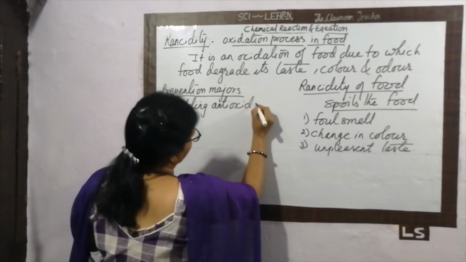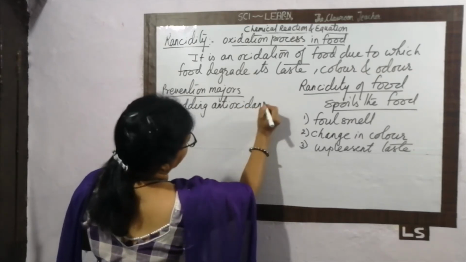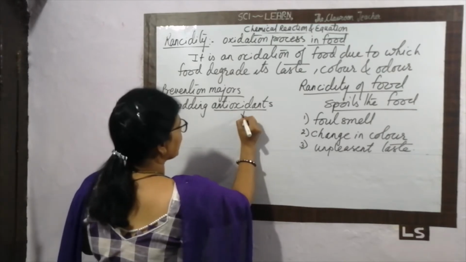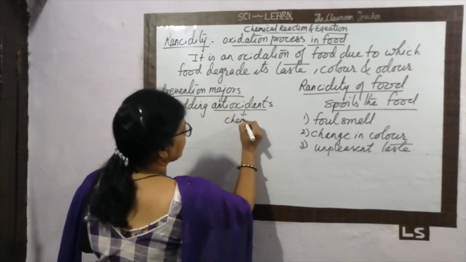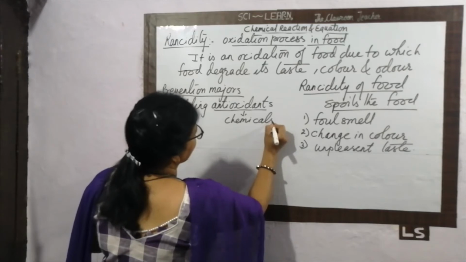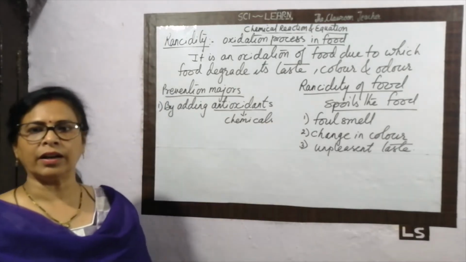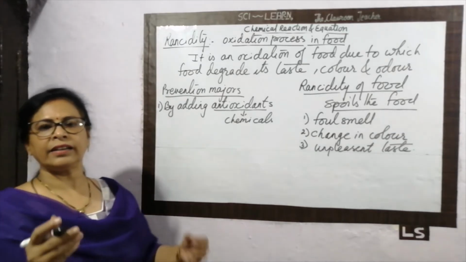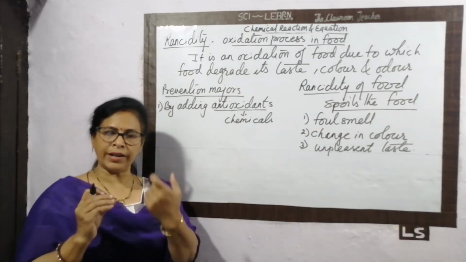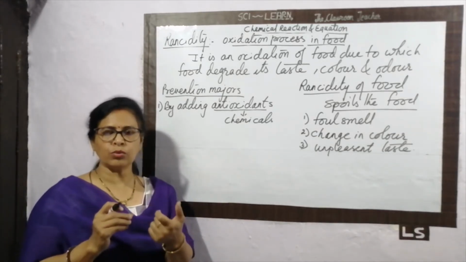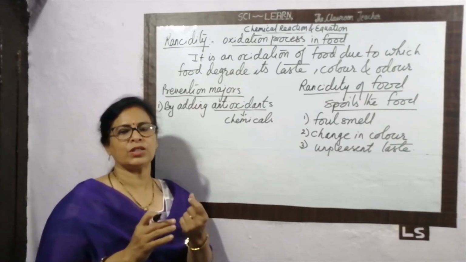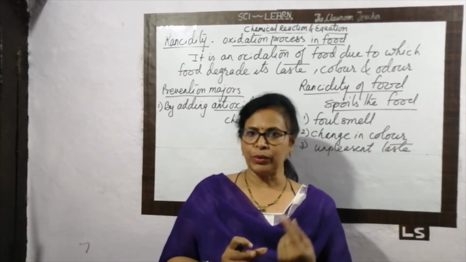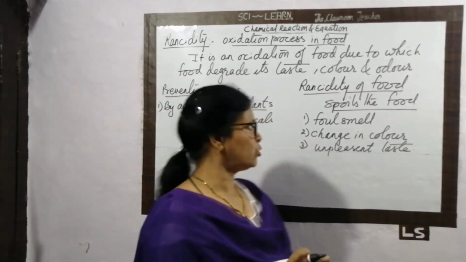Actually, what is an antioxidant? These are the chemicals which prevent oxidation in food. In our country, two chemicals are used as antioxidants.